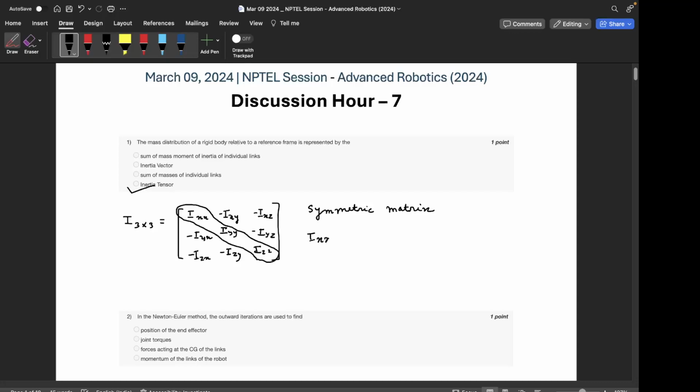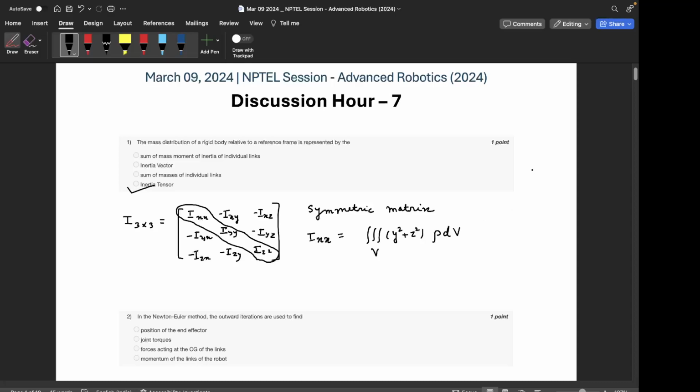The first diagonal term Ixx is calculated as a volume integral of the square sum of the y and z coordinates of that small element dV.